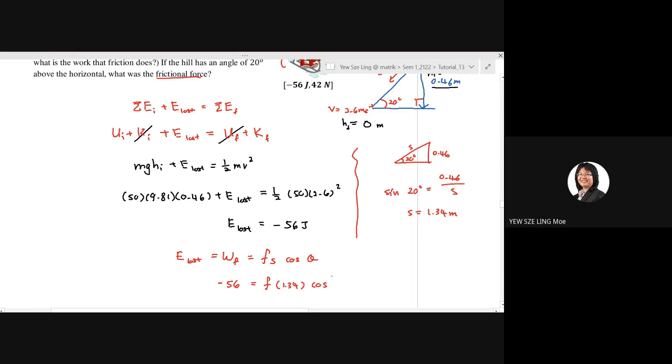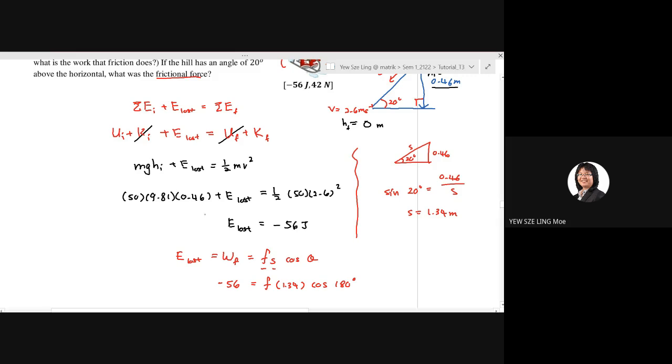Now, cos theta, if you remember, what did I tell you yesterday? Frictional force is always opposite to the direction of motion. Therefore, our F and our s are always opposite to each other. So cos theta, even if you don't have the diagram, you should know that the angle is always 180 degrees, because friction is always opposed to the direction of motion.